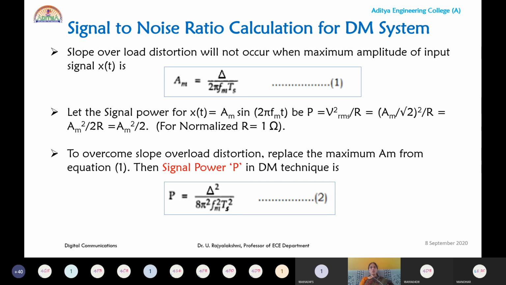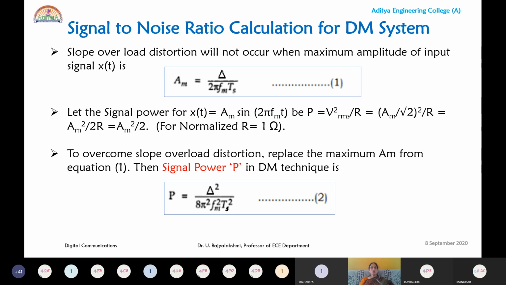So 2 into 2 square, you will get 8 in the denominator. So delta square by 8 pi square fm square Ts square. Please take that as equation 2. So now you got the normalized signal power. Why did you take Am as delta by 2 pi fm Ts? To overcome the slope overload distortion. From this slide you calculated the signal power.